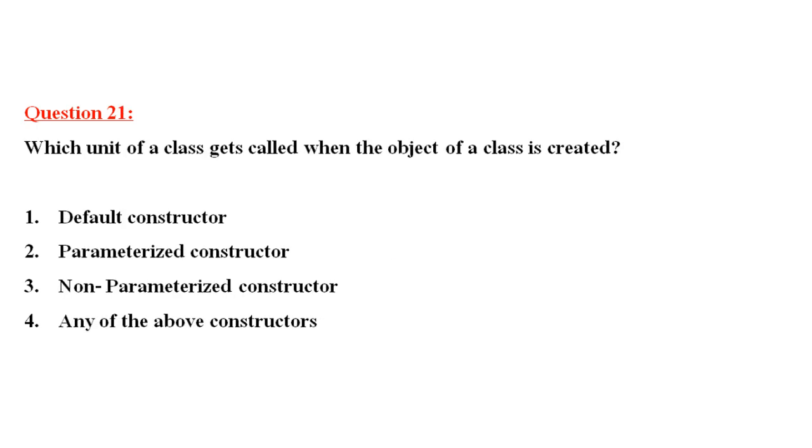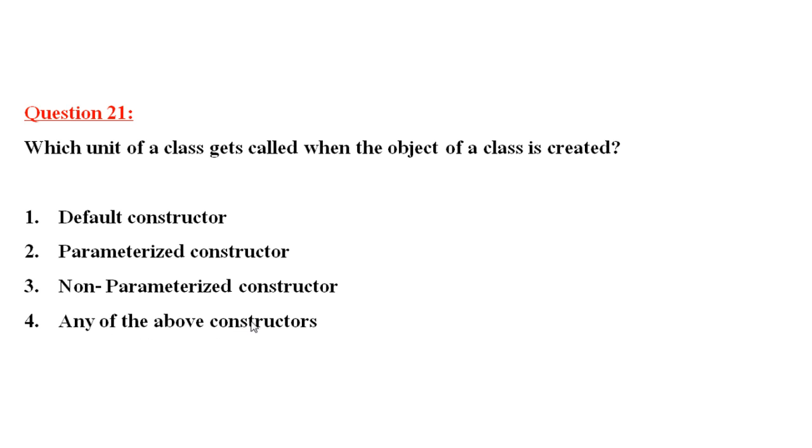Question number 21. Which unit of a class gets invoked when the object of a class is created? Number 1 is default constructor, number 2 parameterized constructor, number 3 non-parameterized constructor, and number 4 is any of the above constructors.